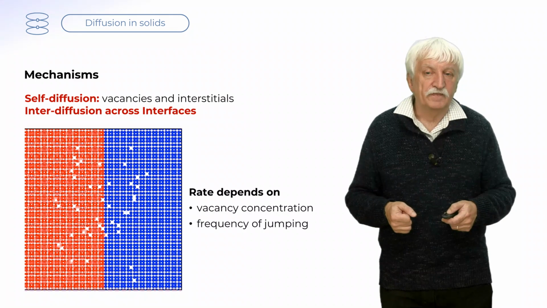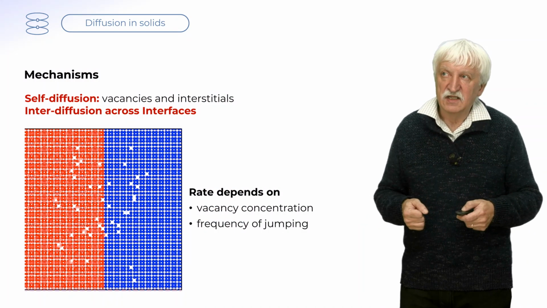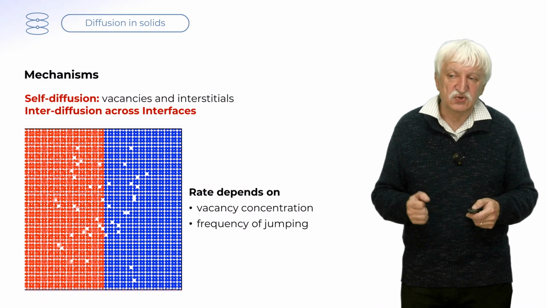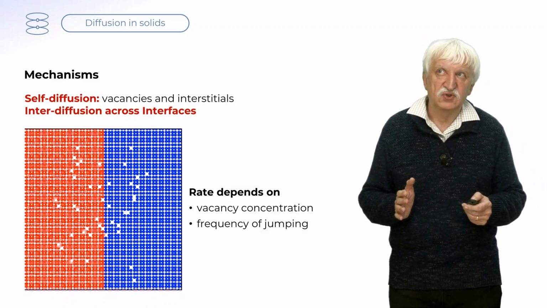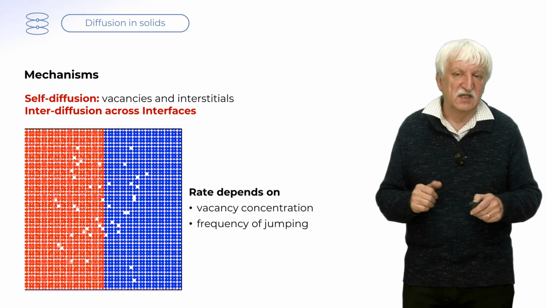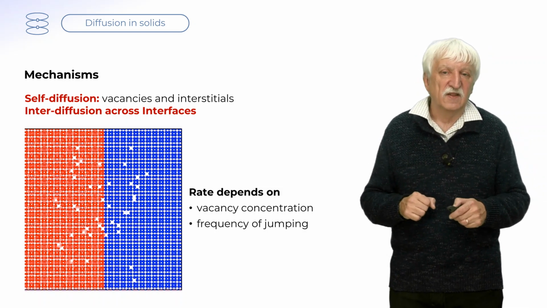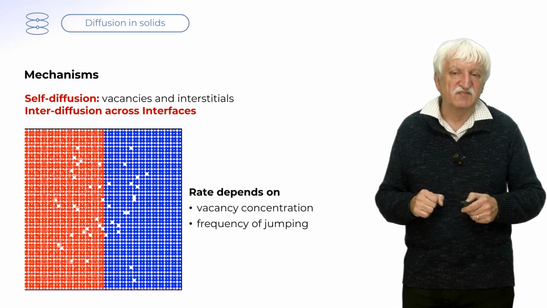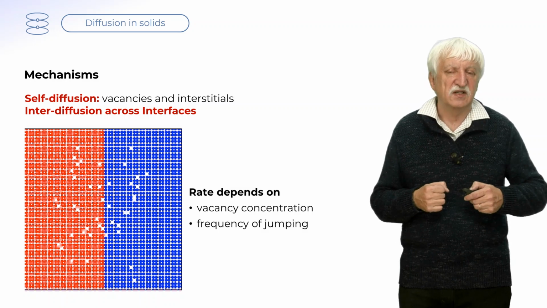And say if we consider two different samples, each of them has vacancies inside. There is a substitution diffusion of these different elements.